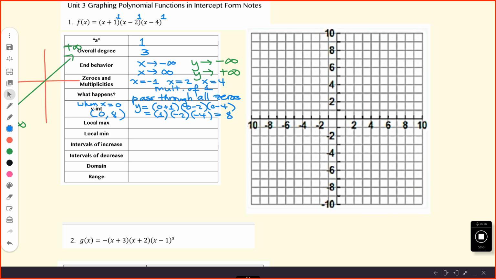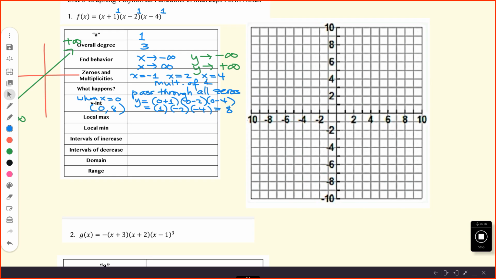Because the factors are the same thing as multiplying the factors. So the parentheses means multiplication. Okay? Any other question? Okay, so again, just think of this local max and local min as your turning points. Still, I can't envision it without putting the decimal. Yeah, that's why we're going to look at the graph, right? Okay.